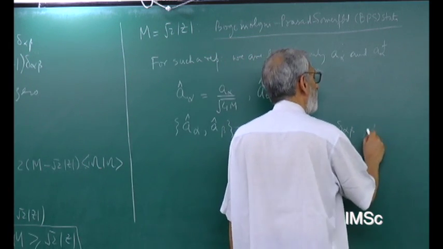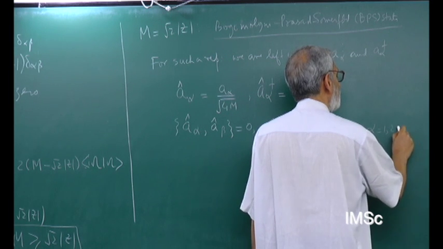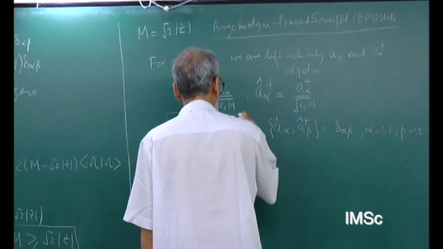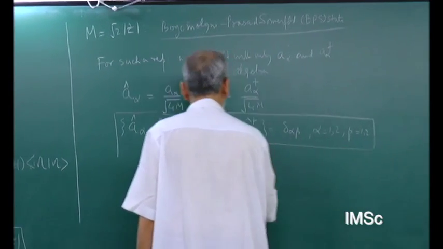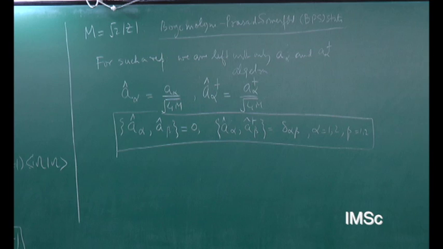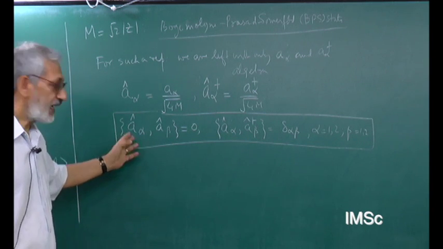And now remember, alpha takes values 1 and 2, so does beta. So this is the algebra of two fermionic oscillators, alpha 1 and 2, and their daggers.